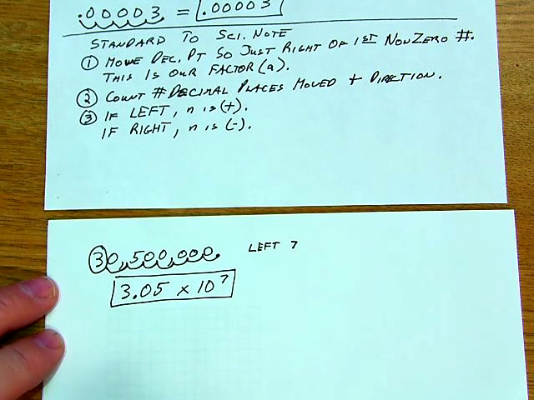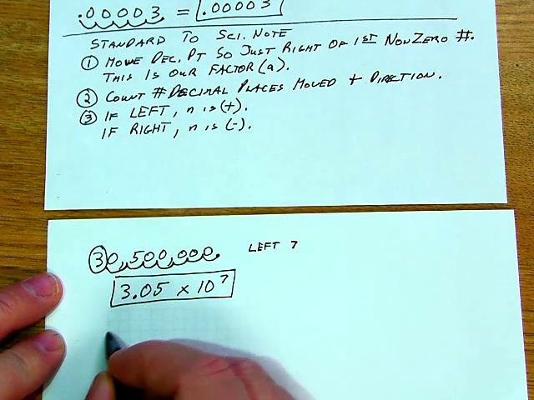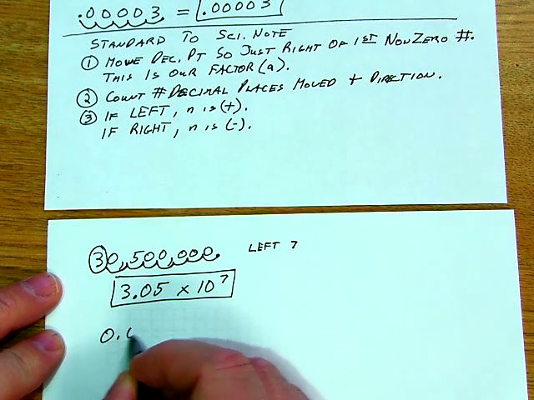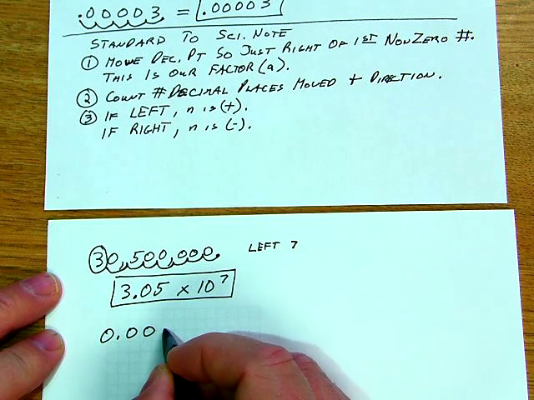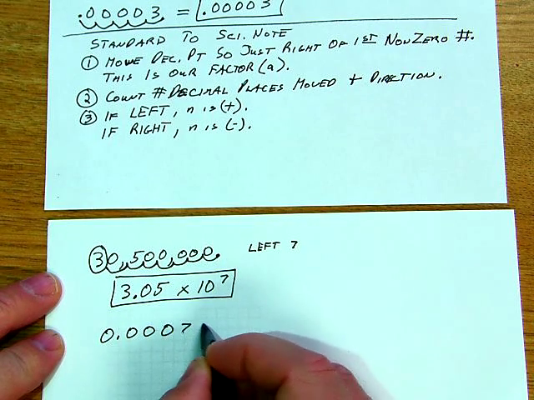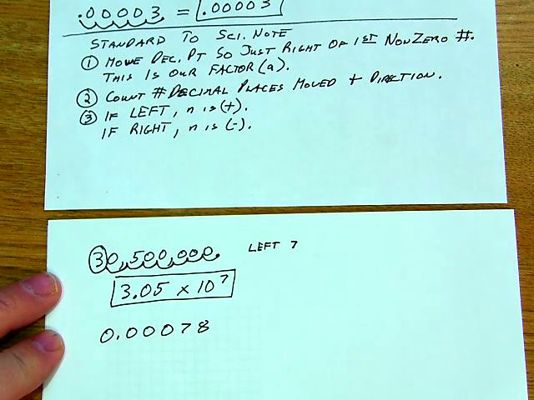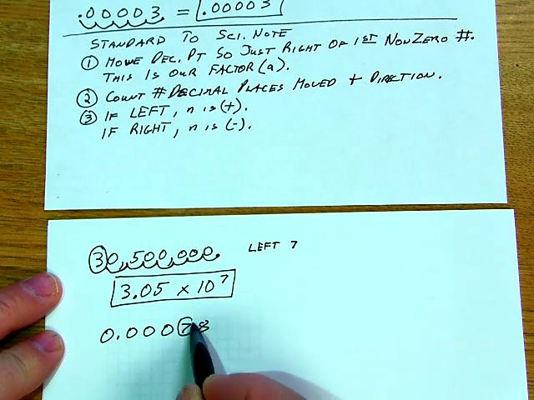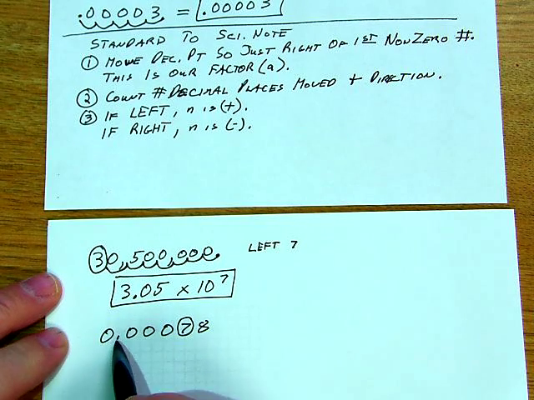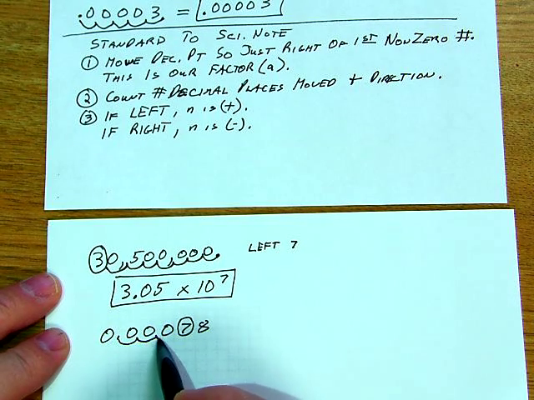Let's try another one. Let's try a small number. Let's try this number, 0.00078. Well, the first thing I want to do is find the first non-zero digit. There it is. Now I'm going to count my decimal places. 1, 2, 3, 4.